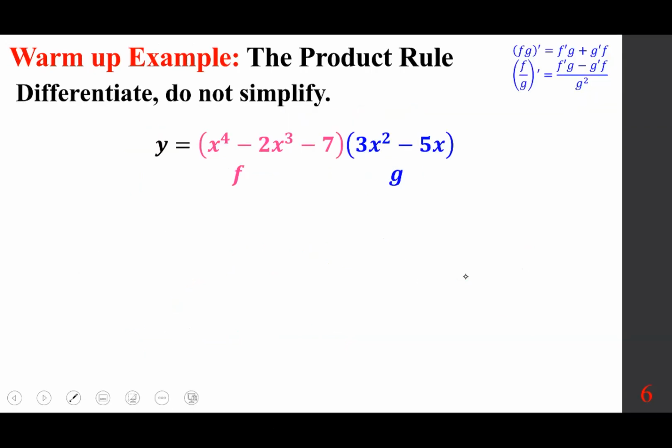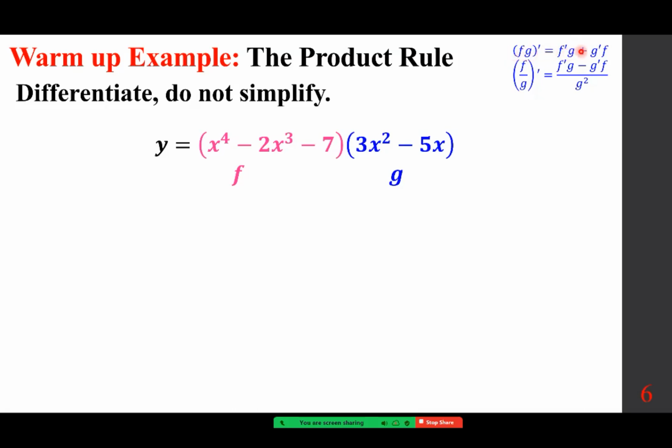We want to go with the product rule. And as I mentioned in the beginning, if you look at what I have here, (fg)' is f' g plus g' f. Of course, we have the details in the lecture section, but this is a shorthand notation. F stands for f of x, g stands for g of x. If we multiply two functions, how do we differentiate them?